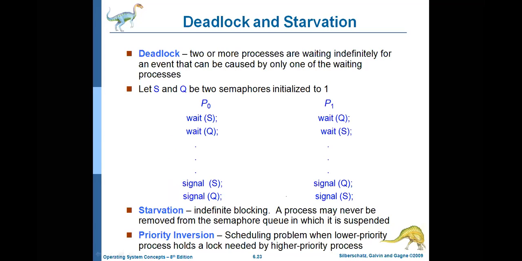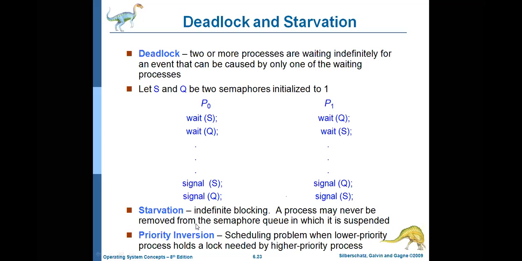Priority inversion means reverse. Usually the low priority process has to compromise for the high priority process, but here the high priority process will be waiting for the lock which is acquired by the low priority process. Starvation means the process will never be removed from the semaphore queue.